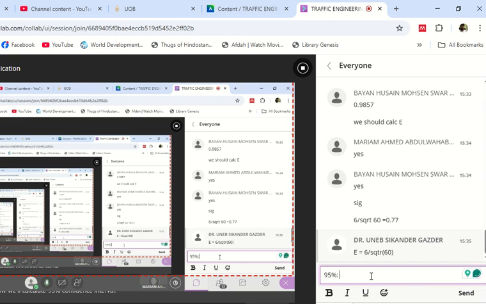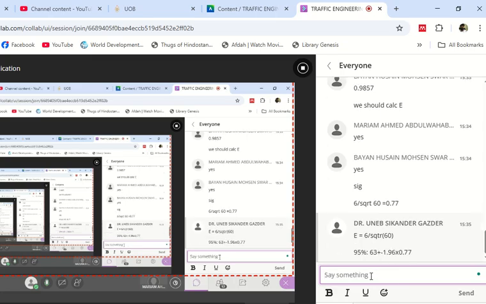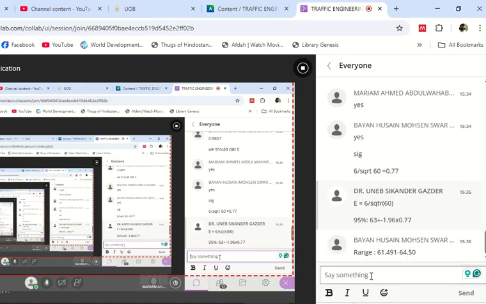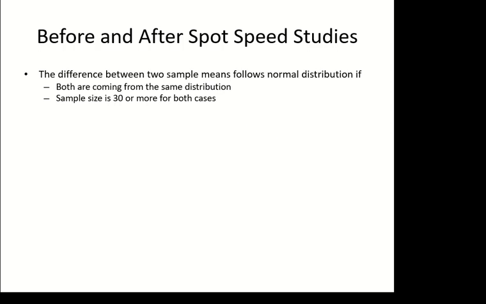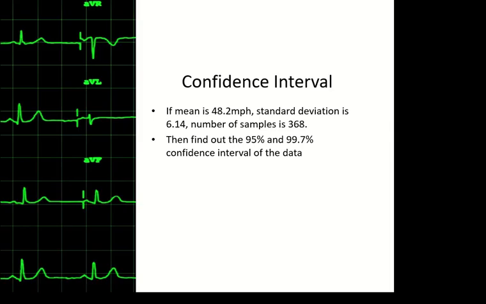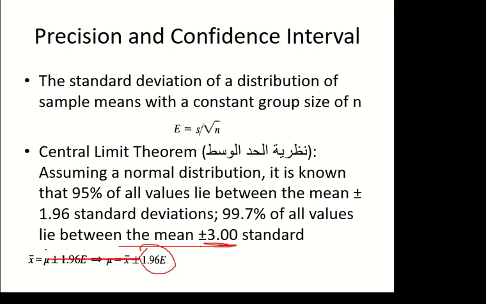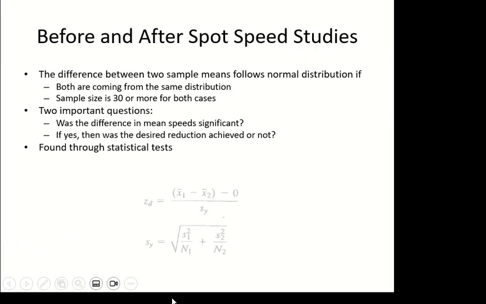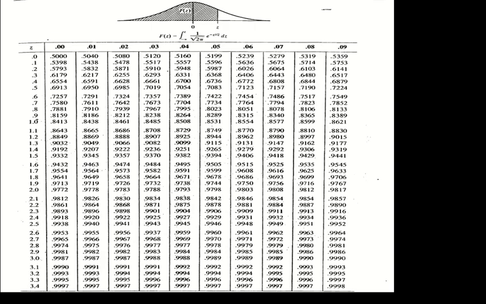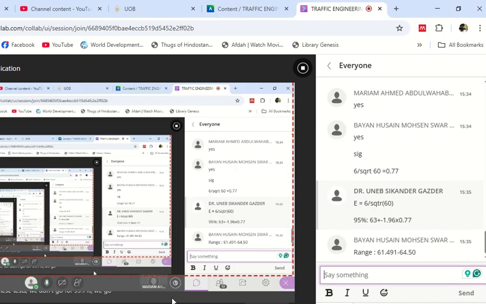Now we'll calculate the 95% confidence interval, which is mean. The mean is 63 plus minus 1.96 into 0.77. It's the same thing which we use with the theorem here, but in these tests we don't go for 99.7%, we go for 95%. So this is the range.